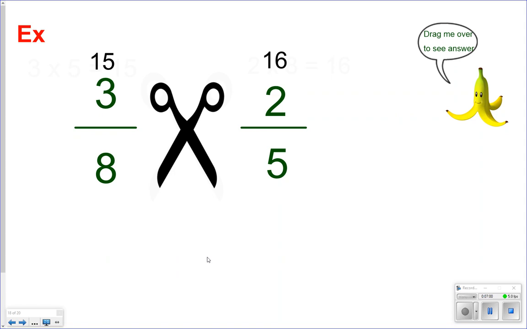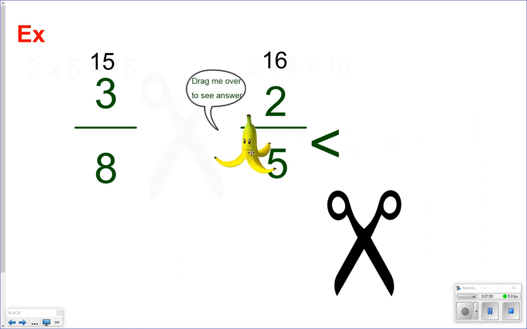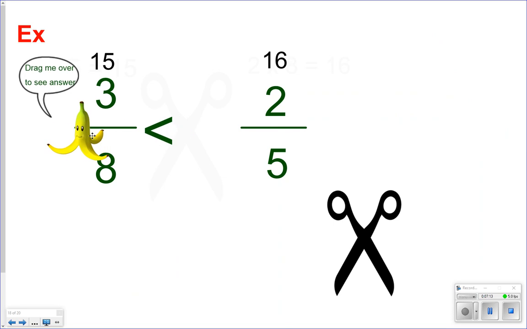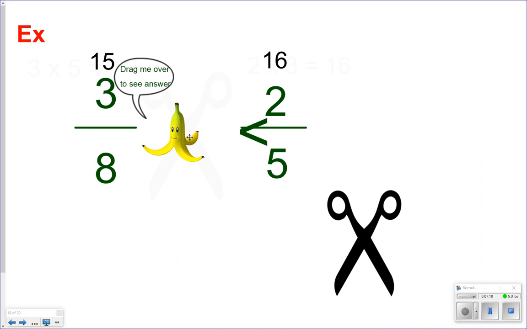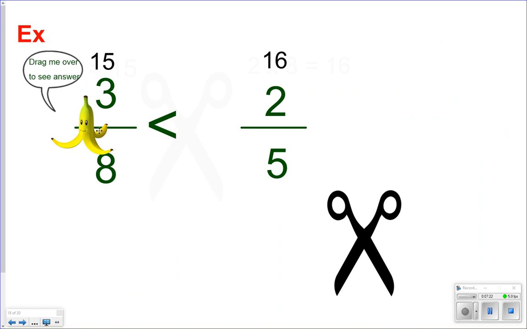Which one is greater, 15 or 16? Yeah, 16 is greater than 15. So the fraction 2 over 5 is greater than the fraction 3 over 8. Okay, the answer is 2 over 5 is greater than 3 over 8, or 3 over 8 is smaller than 2 over 5.